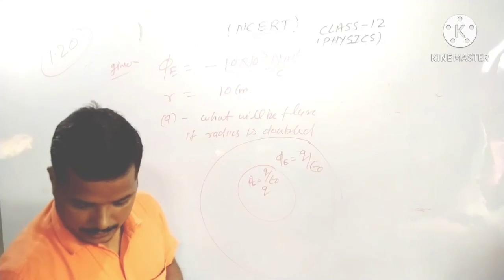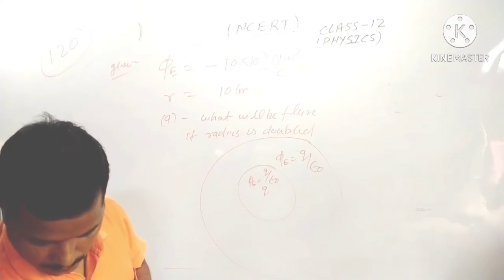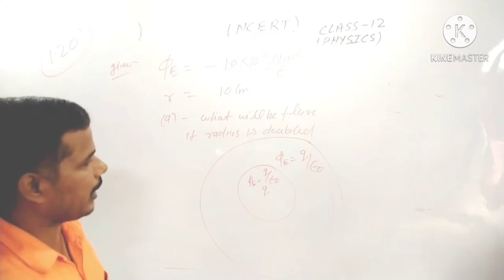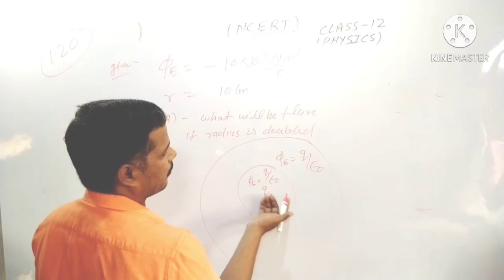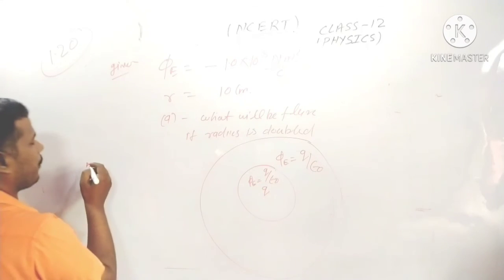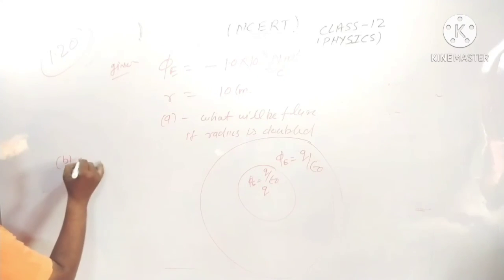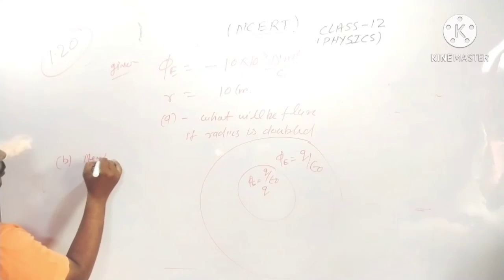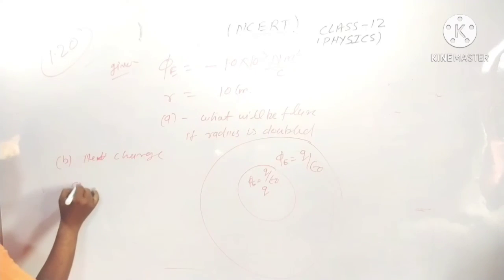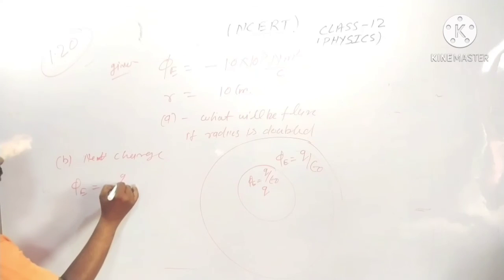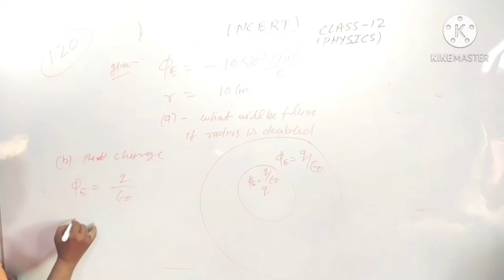Next part it says that what will be the charge? What is the value of the point charge? Okay. From this formula, phi is equal to Q by epsilon naught.